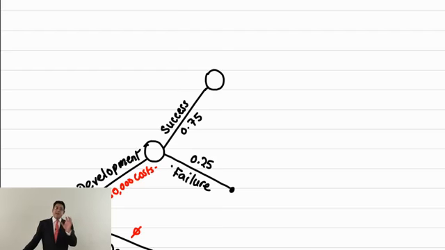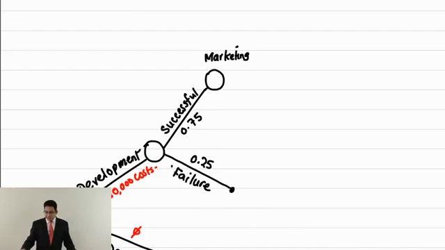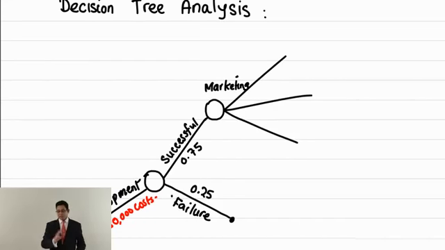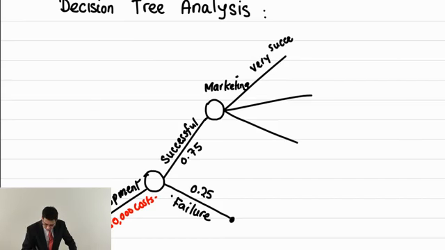But if development is successful, then only we can do the marketing. So this circle represents our marketing results. That if we market the product, one of the three things may occur. One is, it is very successful. It is moderately successful.